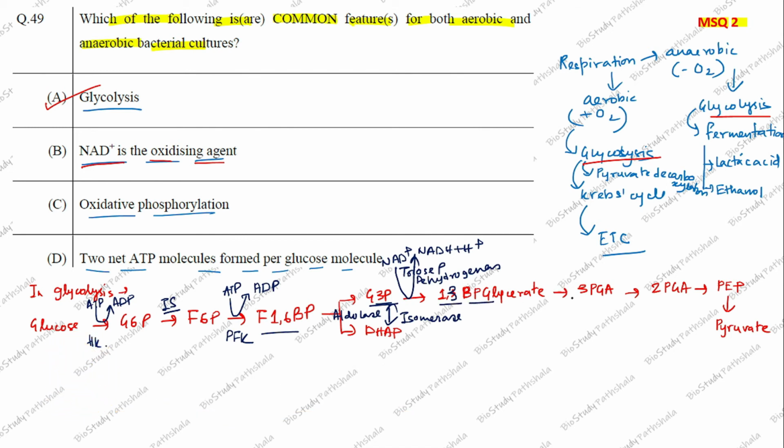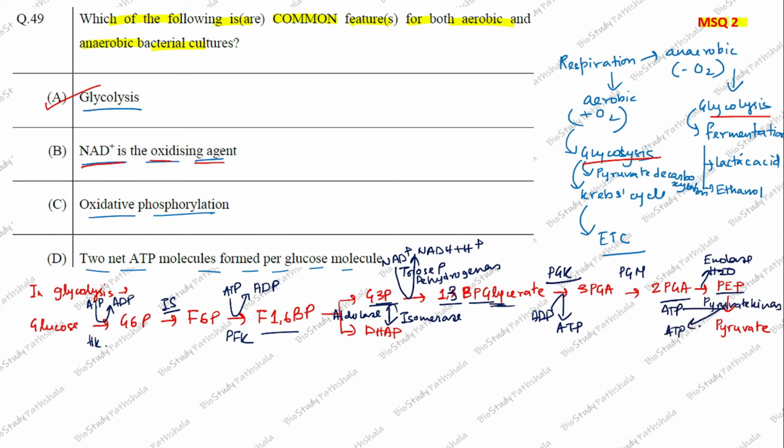This 1,3-BPGA is converted into 3-PGA by the involvement of phosphoglycerokinase, and here one ATP is formed from ADP and one phosphate from this molecule. This 3-PGA is converted into 2-PGA by phosphoglyceromutase enzyme. This 2-PGA is converted into PEP by enolase enzyme by emitting one molecule of water, and this PEP is converted into pyruvate by pyruvate kinase, and here one ATP is formed.